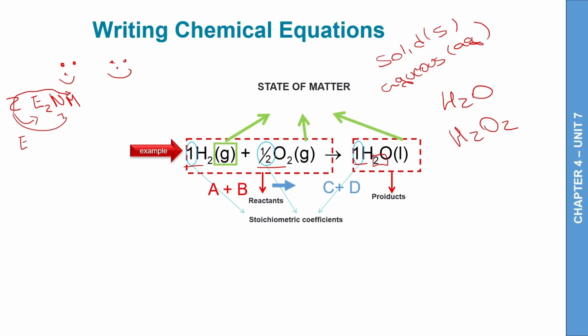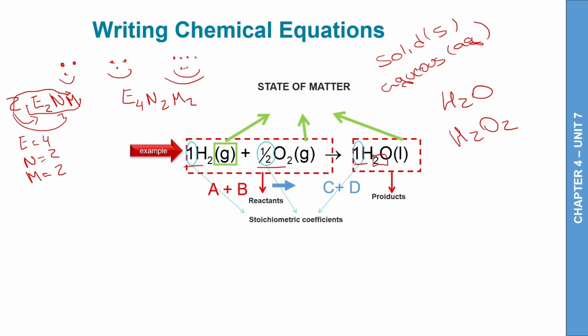So 2 times 2 is 4, 2 times 1 is 2, and 2 times 1 is 2. So I have 2 mouths, 2 noses, and 4 eyes in total. But I know that it's an individual molecule over here. But what if you write E4 and N2M2? This is a completely different monster, because now I'm going to have 4 eyes, 2 noses, and 2 mouths. That is a completely different substance.